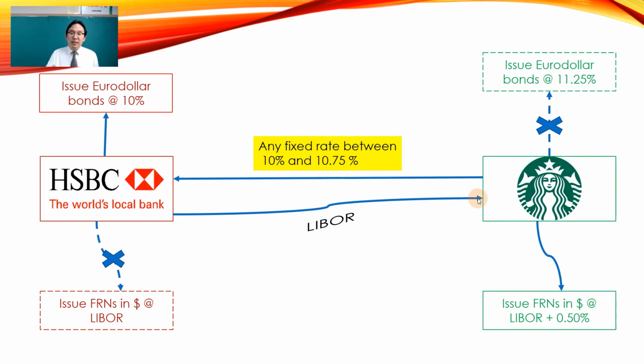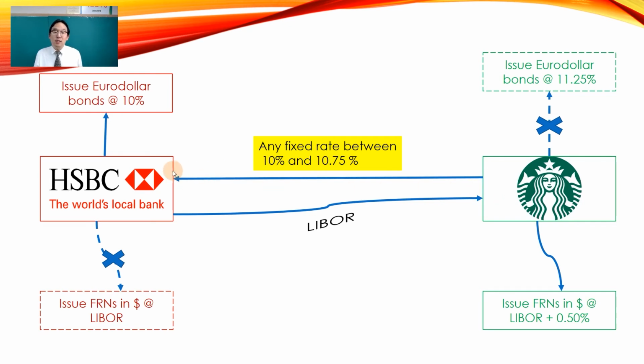Well, they can switch their obligation. Starbucks wanted to have a fixed interest payment debt. So instead of going to the high fixed rate of the euro-dollar market, why don't they borrow the same amount at the floating rate market, but pay a fixed interest in the range from 10% to 10.75 percentage point.